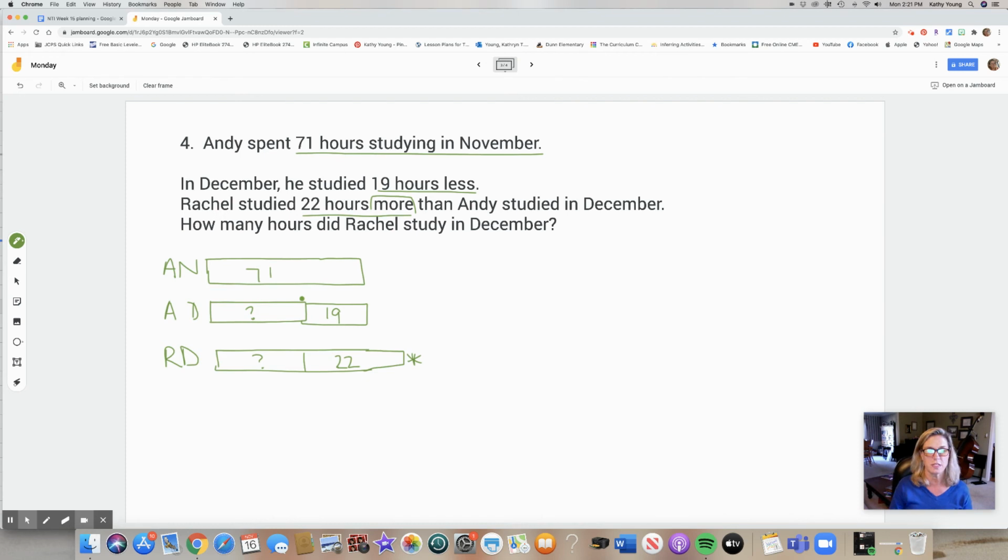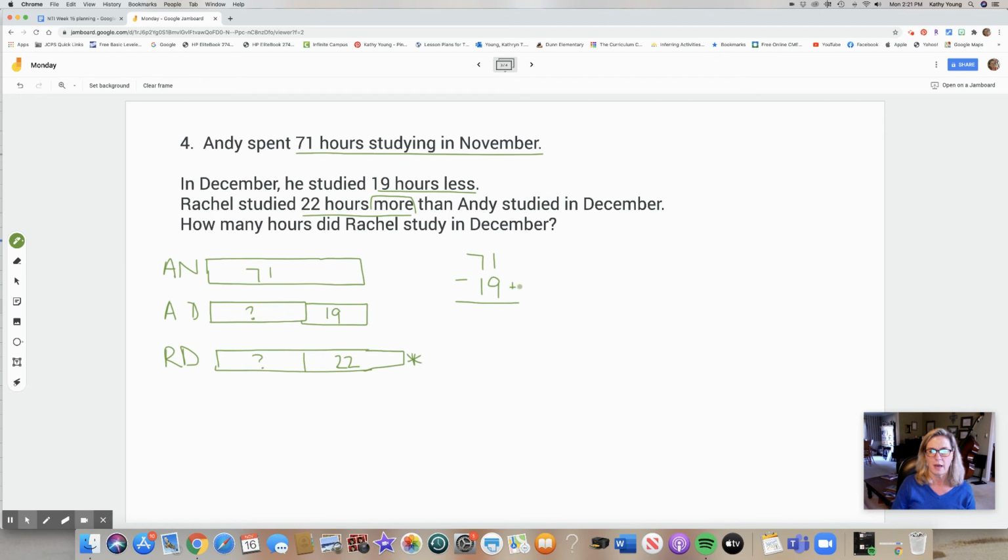So the first step is that Andy studied 71 hours in November and 19 hours less than that in December. So if it's less, we're going to do a subtraction problem. So I could do 71 minus 19. I'm going to do this one.